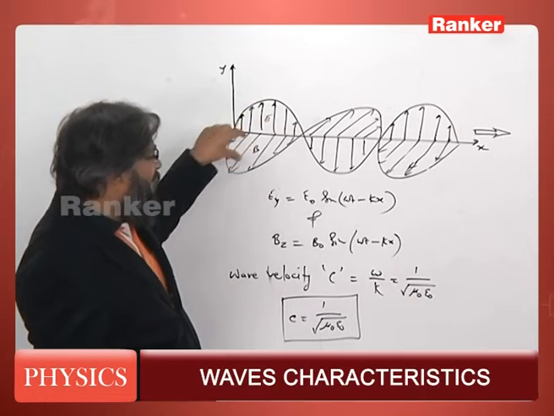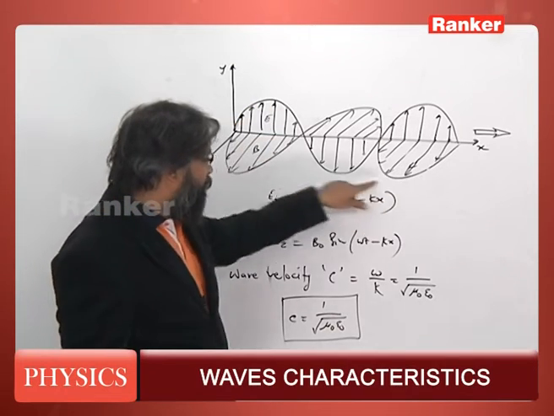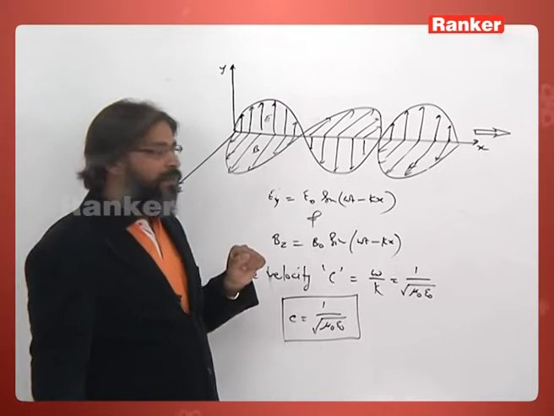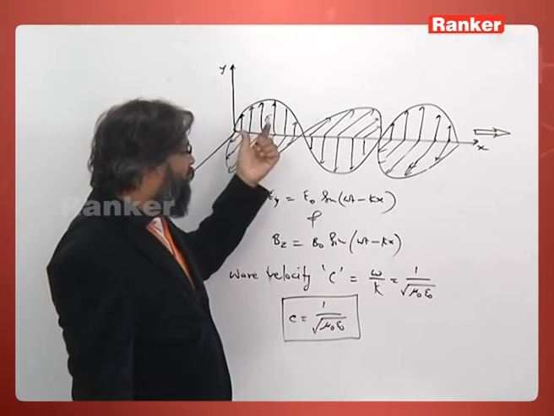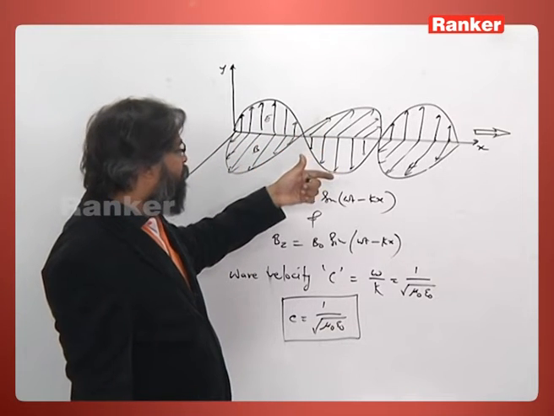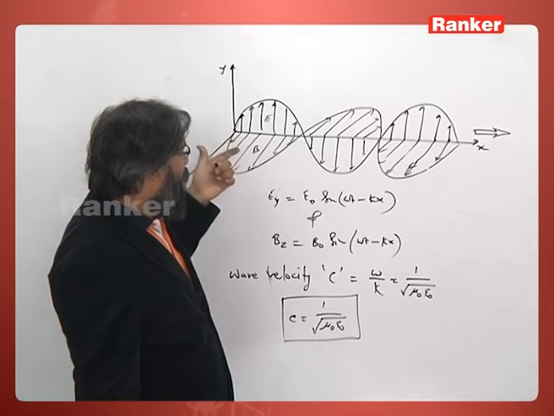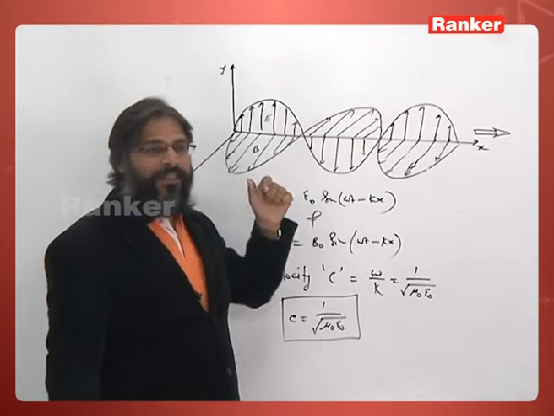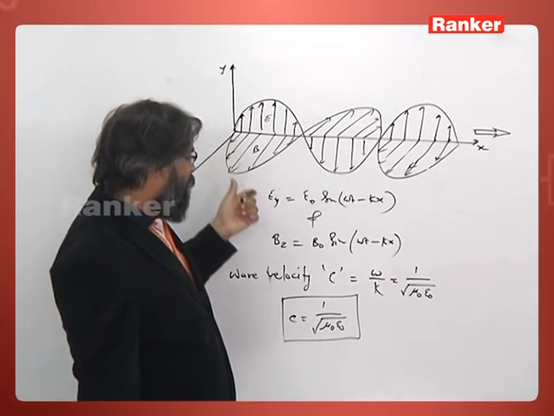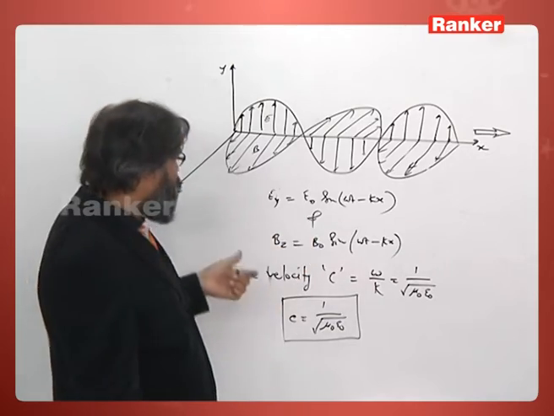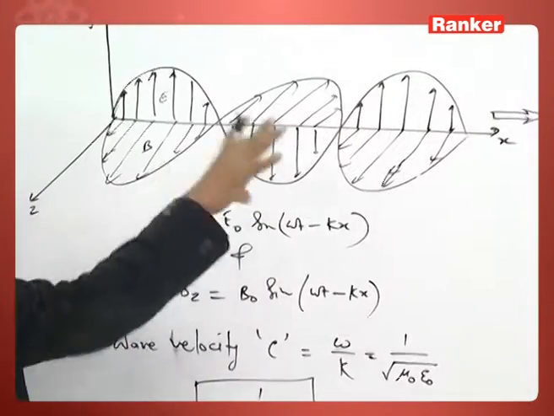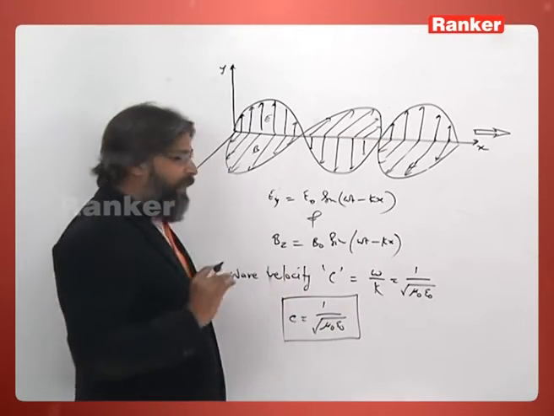there is a self-sustaining E wave and B wave. The electric field and magnetic field are orthogonal to each other, and the electric field, B field and the velocity vector form a right-handed orthogonal system. The essential part of this wave is that it doesn't require any medium.